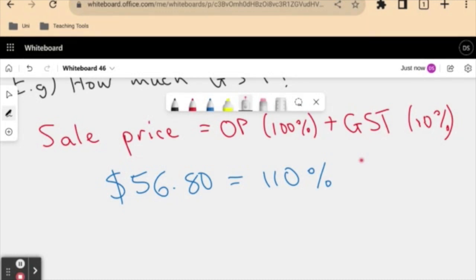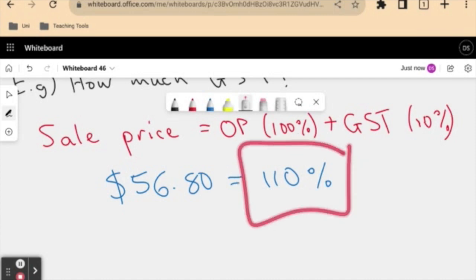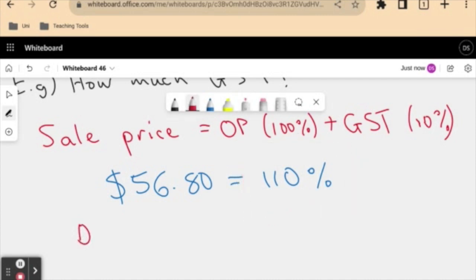But we can kind of just use this as a factor and just divide both sides by 11. That'll give me 10% on the right-hand side.